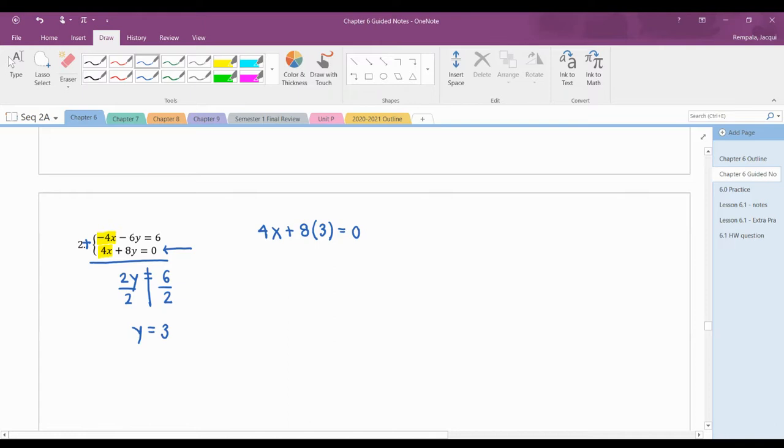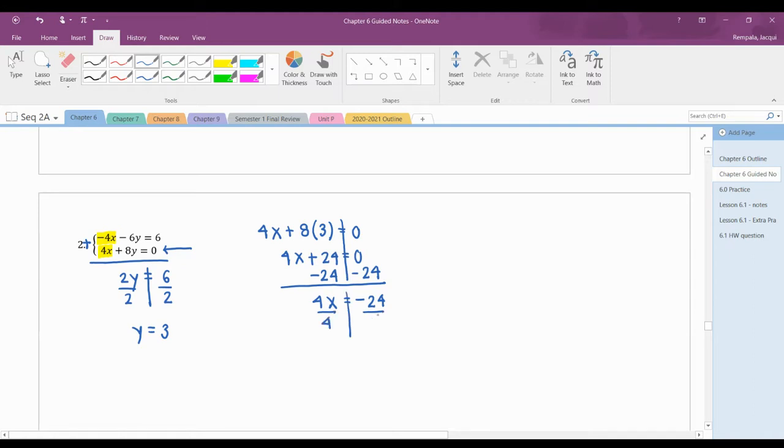Let's solve for x. So we've got two numbers that we can multiply. 8 times 3 is 24. Two numbers on the same side as x. We move the number that is not connected first. So 24 was positive, so the opposite of that would be to subtract. 0 minus 24 will give us a negative 24.